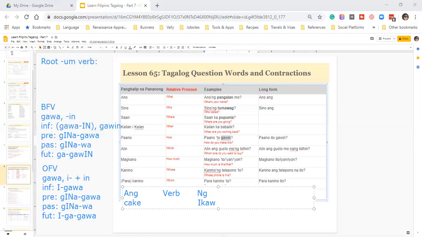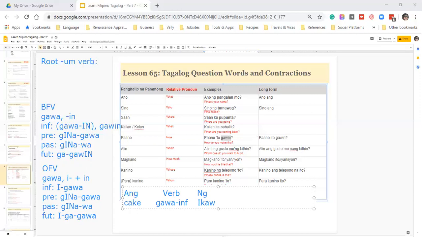OFV. I want you to use infinitive. So you want me to make a sentence? And your sentence would be benefactor.